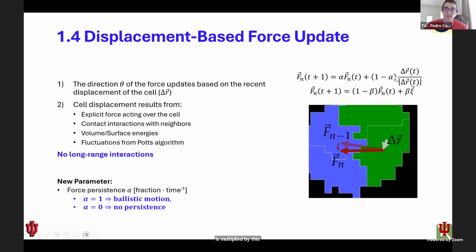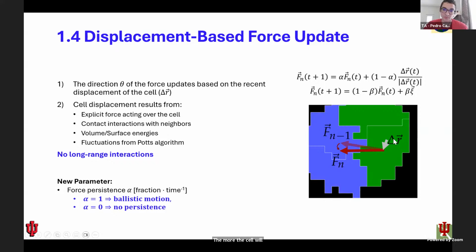Alpha, this parameter, is how much of the previous force we are conserving. So alpha can also be interpreted as a persistence here. The more you conserve of the previous force, the more the cell will keep migrating in that direction.